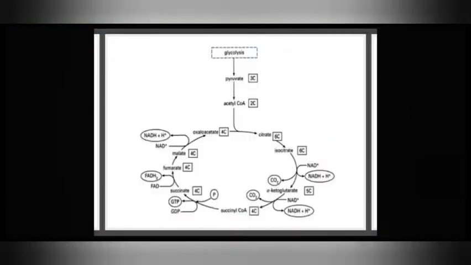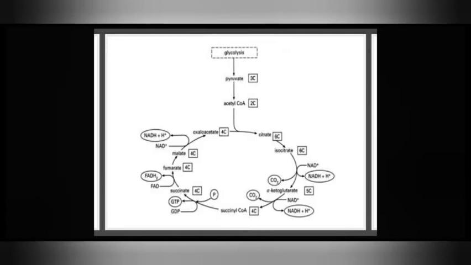So you can see here, this is a flow chart of the Krebs cycle. The pyruvate, which is produced by glycolysis, converts into acetyl coenzyme A, which is 2 carbon. This acetyl coenzyme A enters the Krebs cycle and reacts with oxaloacetate, which is 4 carbon, to produce citrate, which is 6 carbon. Citrate converts into isocitrate, which is also 6 carbon.